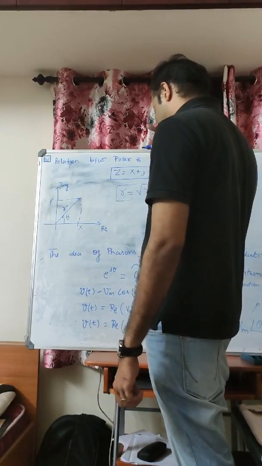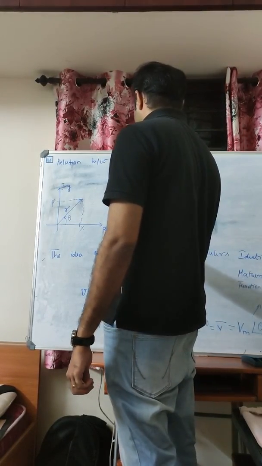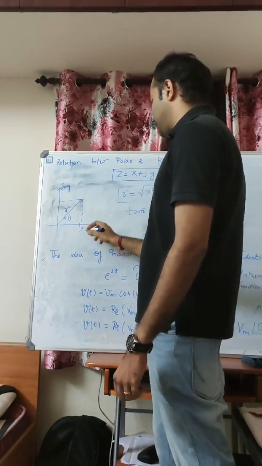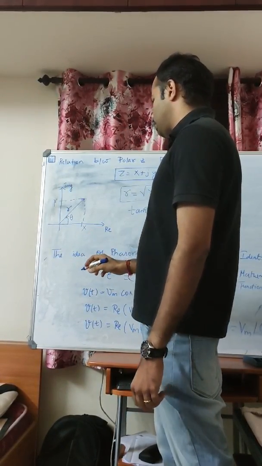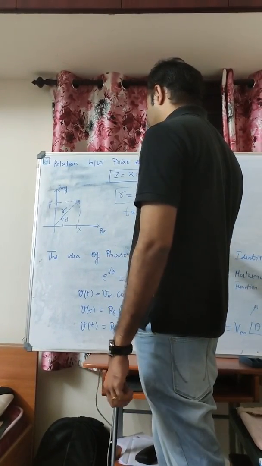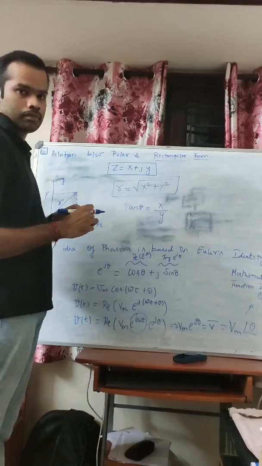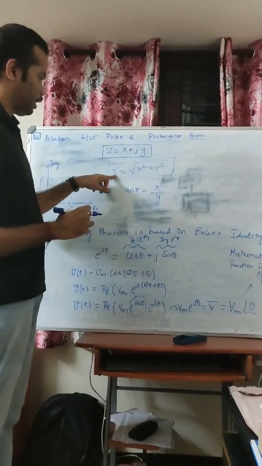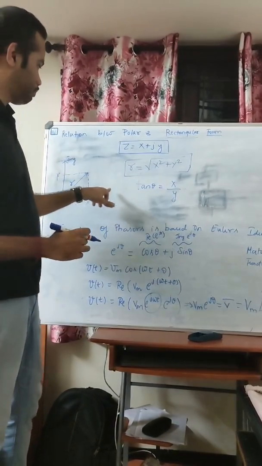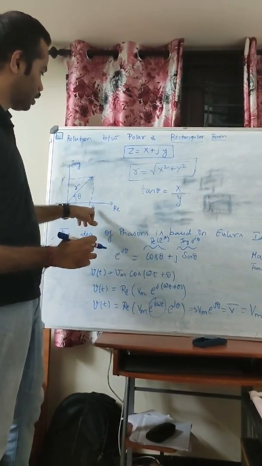The other thing is, we can define the function tan theta, because you have the components x as well as y. Tan theta is the opposite side, which is y, over the adjacent side, which is x. So r represents the magnitude of this vector, and tan theta represents the relation between x and y.